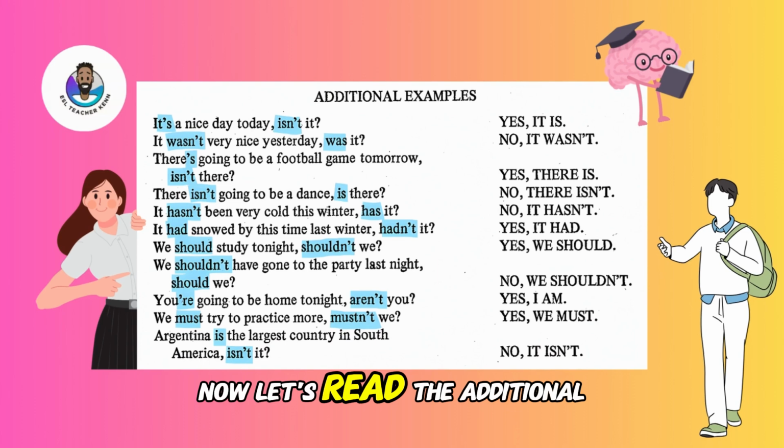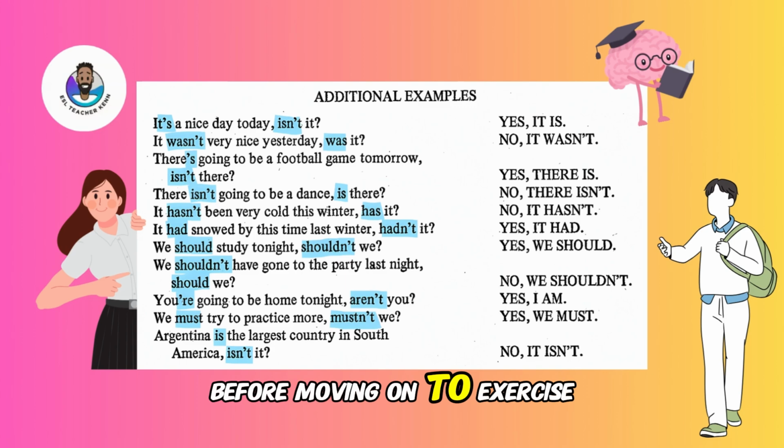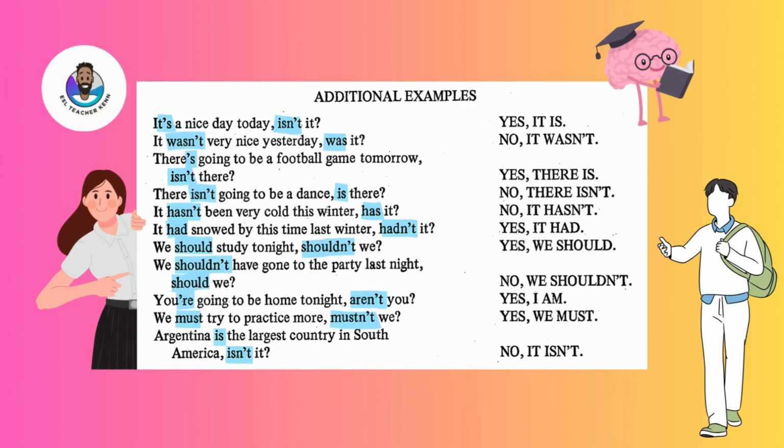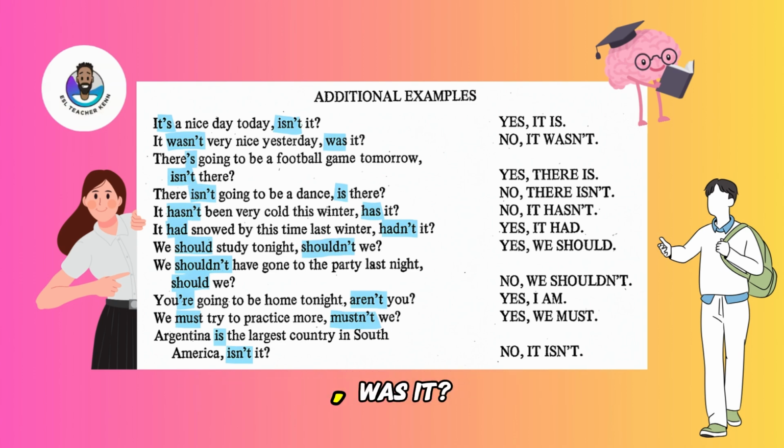Now, let's read the additional examples on page 268 before moving on to exercise 5. Repeat after me. It's a nice day today, isn't it? Yes, it is. It wasn't very nice yesterday, was it?